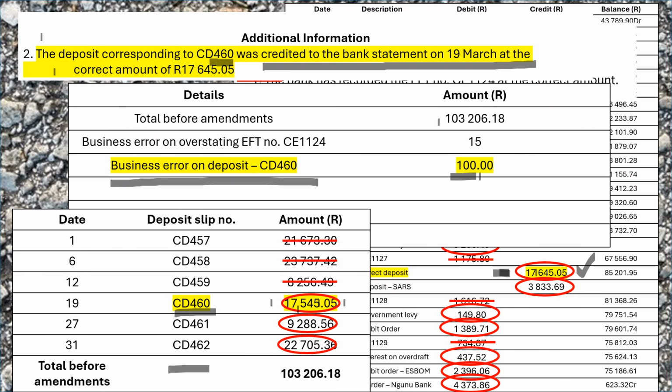We shortchanged ourselves by 100 Rand. In our books, we should have 100 Rand more. We made a mistake by saying 17,545 when it should have been 17,645. So we record it in our cash receipts journal. We must cross off the item when we have finished it. Then we move on to the next item.